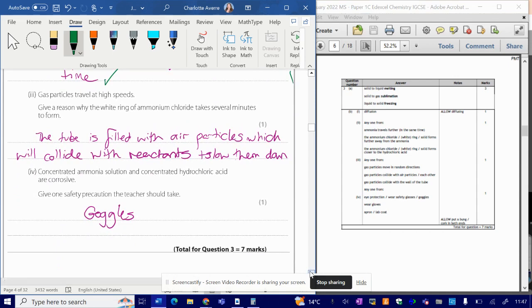You can talk about the fact that the gas particles don't move in a straight line, they move in random directions, so it takes them some time to work their way through. You can talk about them colliding with the air particles, which is what I've done. And you can talk about them colliding with the wall of the tube. And then, as we discussed, goggles valid, gloves valid, lab coat valid.